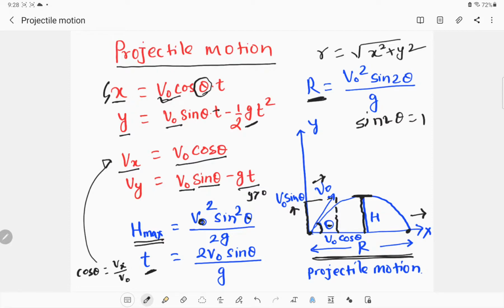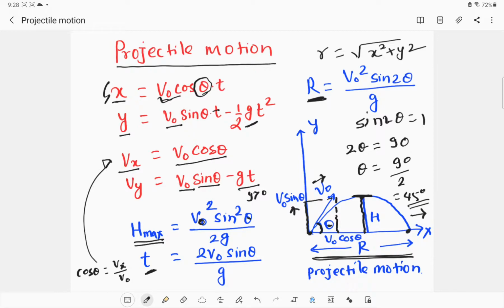The maximum value of sine is 1. So sine 2 theta will be 1 only if 2 theta is 90 degrees. So theta is equal to 90 divided by 2, it is 45 degrees. So if you launch a projectile making an angle of 45 degrees, it will cover the maximum horizontal range.